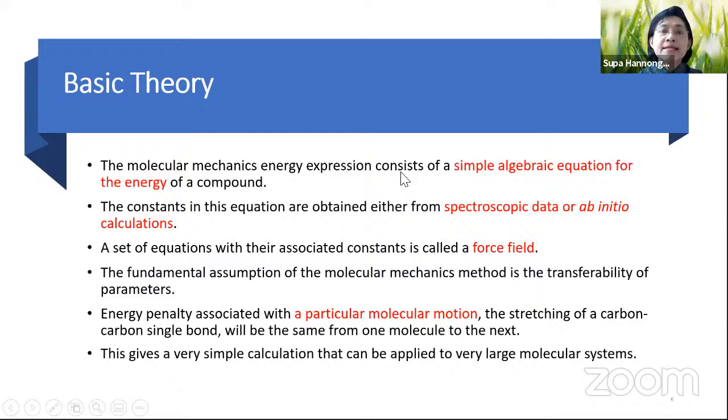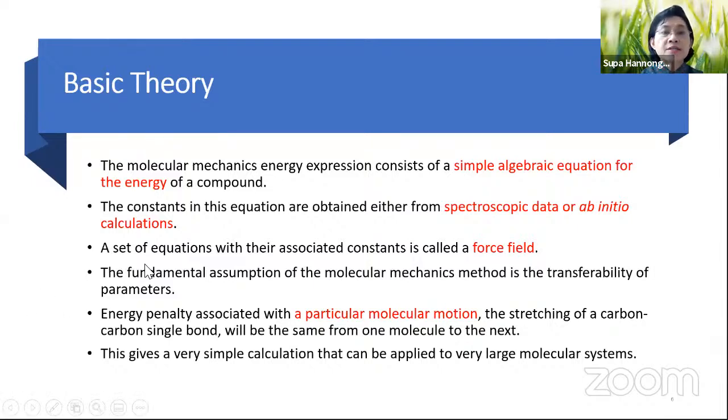Okay, so the basic theory of molecular mechanics or force field. Again, the molecular mechanics energy expression consists of a simple algebraic equation for the energy of a compound. The quality of molecular mechanics depends on the constants in the equation, which are obtained from spectroscopic data, and also from ab initio calculations at a very high level. So the constants will be selected to make the prediction precise, okay?